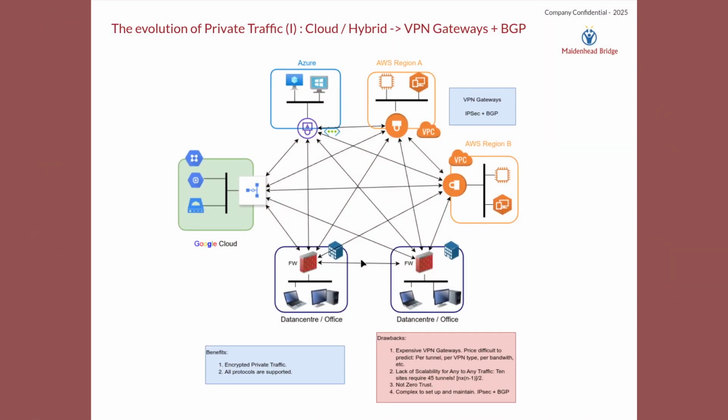Here it is more clear the problem we solve, and probably at this point you understand what the problem is, because in a modern environment it's no longer that the branches connect to one place or to one or two data centers.